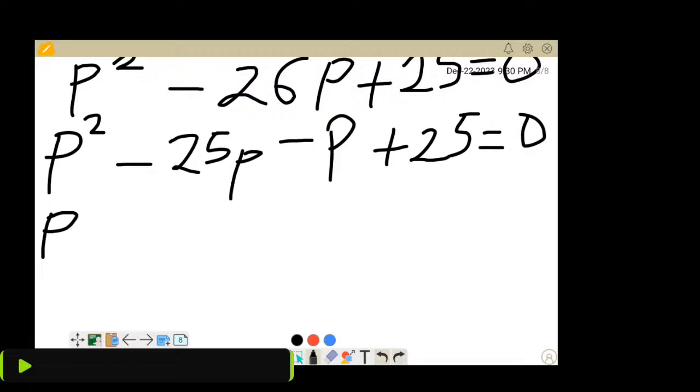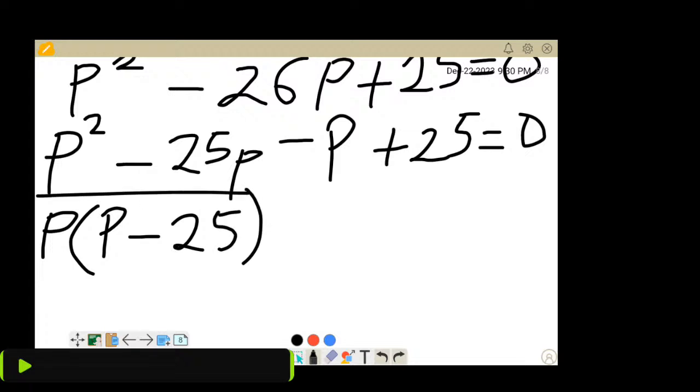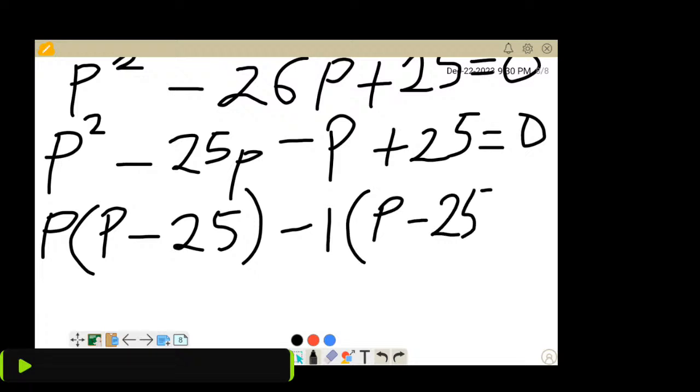We can just say p into p minus 25 because p is common here. That is factorization in quadratic equation. And on this side nothing is common, it's only 1 that is common, so we can just say 1 into p minus 25. Remember, if you open this bracket again, minus 1 times this will give us plus 25 here.